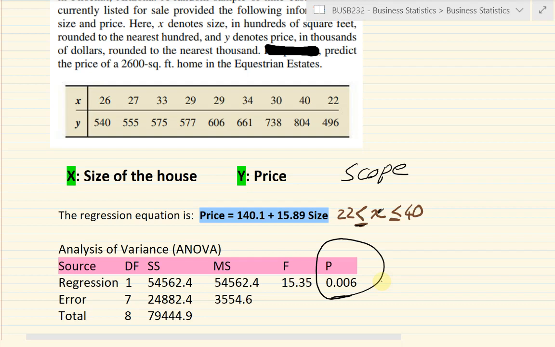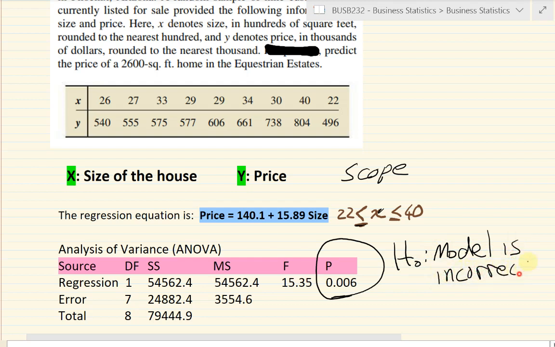The null says that the model is incorrect. In other words, the linear regression model is the wrong model for this problem. The alternative is the complement of this: the model is indeed a good predictive model. I have the right model.